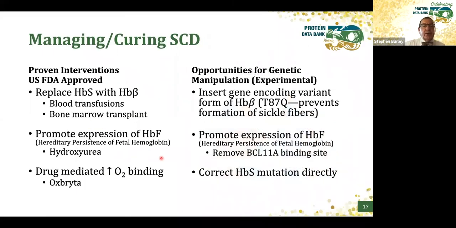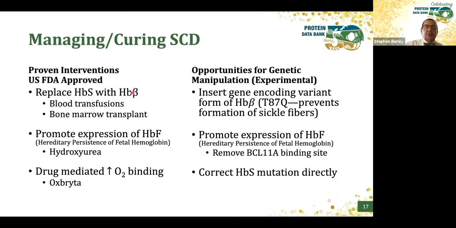So we can think, based on what we know about hemoglobin S and the behavior of hemoglobin S when it's exposed to oxygen versus when it's deoxygenated, about different ways of managing and possibly even curing sickle cell disease. One thing that we can do, and this has been done in the past, is to replace the blood containing hemoglobin S with blood that contains the hemoglobin beta.